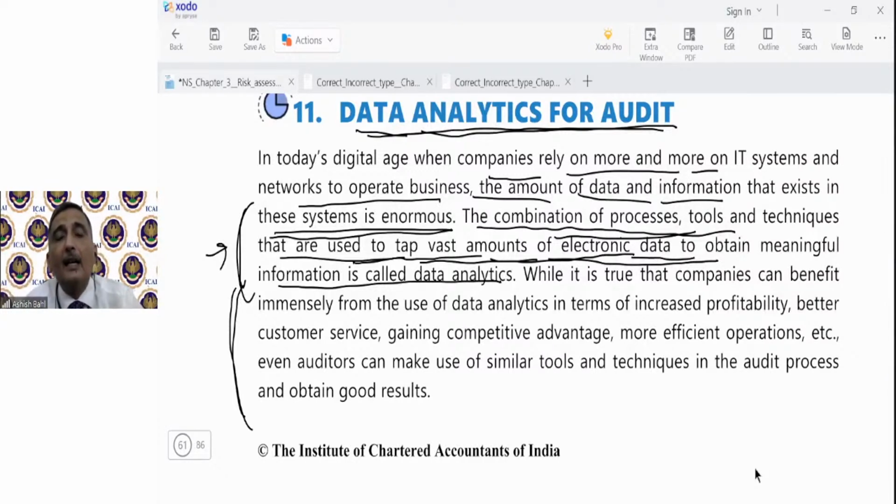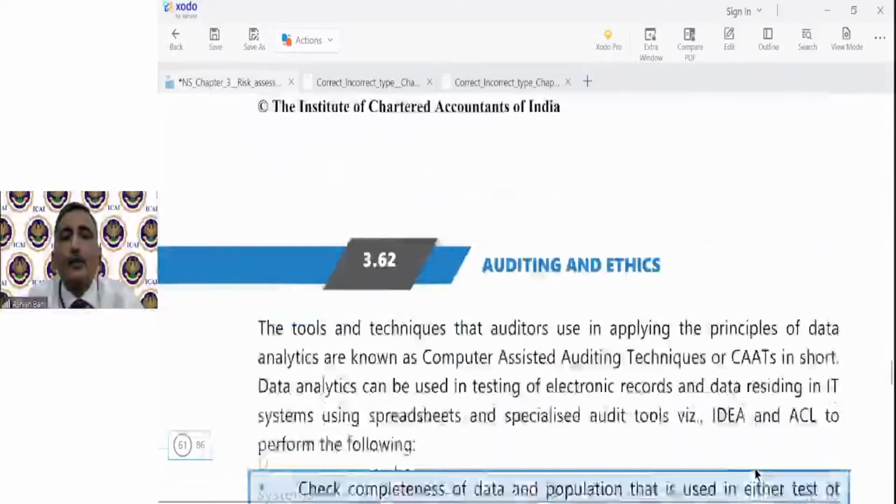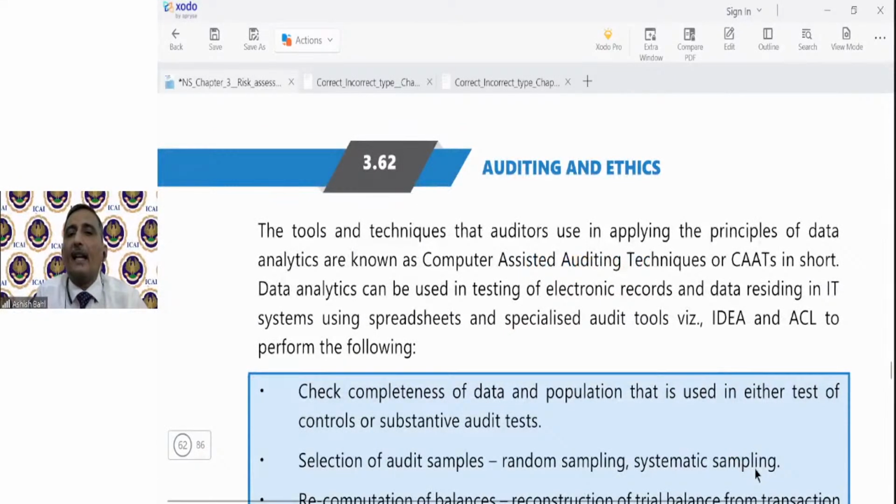That is why we are studying it in the context of audit. Companies do data analysis, it is useful in their production, in business processes, in checking profitability, in the HR function, and in monitoring employee performance. But in the same way, data analytics is useful for the auditor too. Okay, so the tools and techniques that auditors use in applying this principle are called computer assisted audit techniques or CATs.